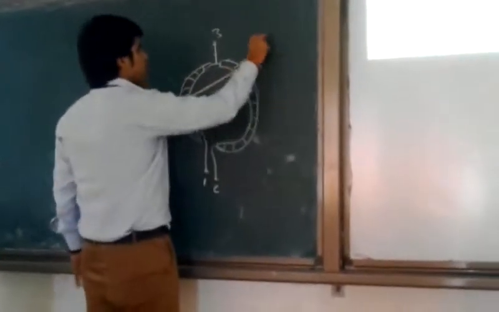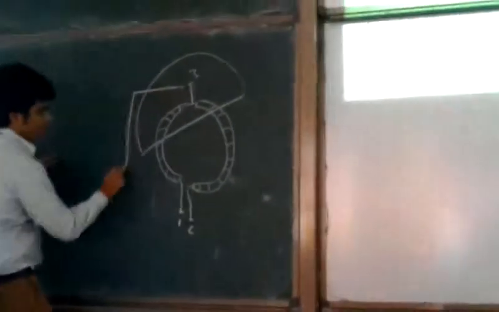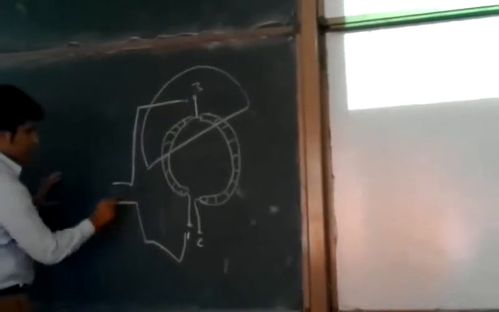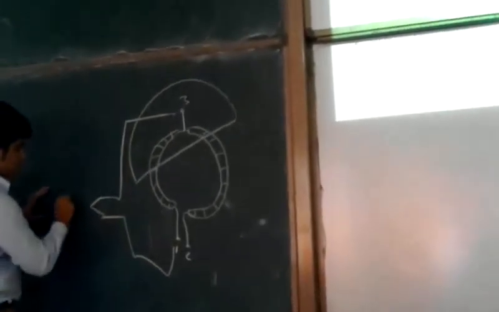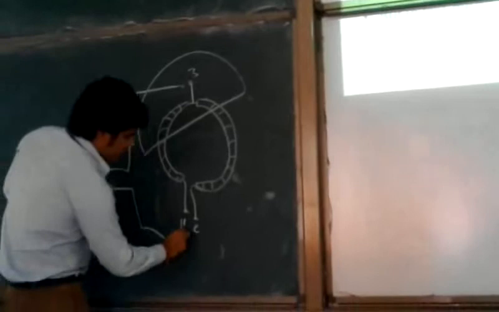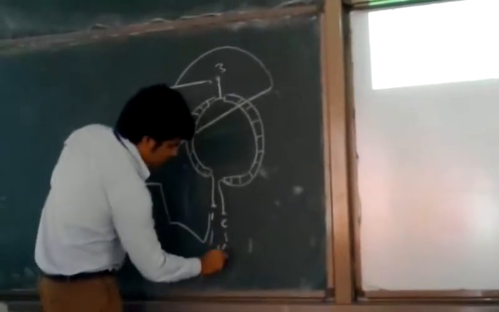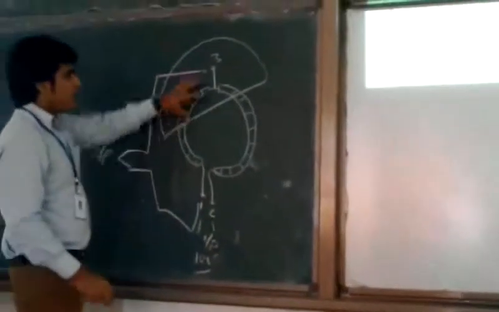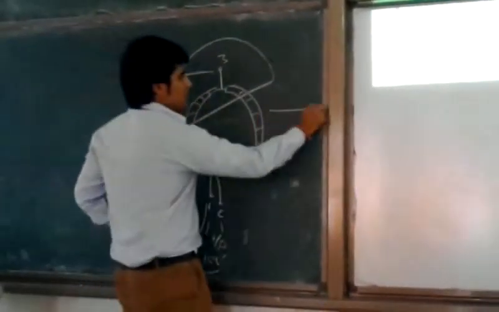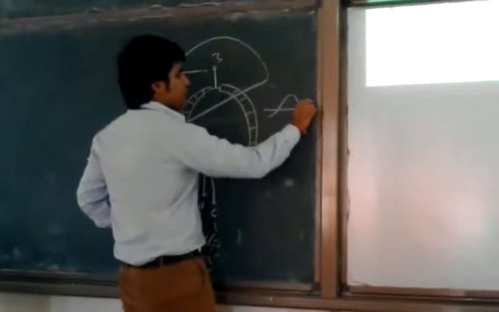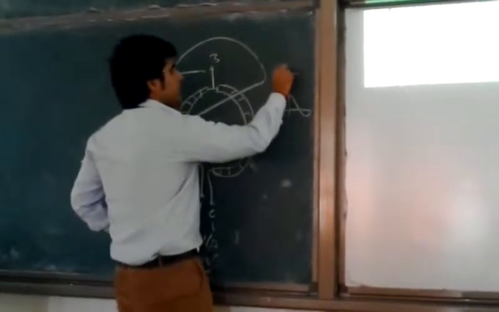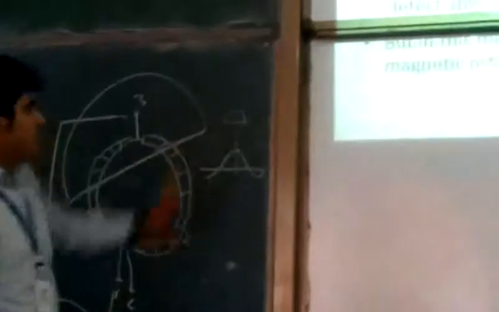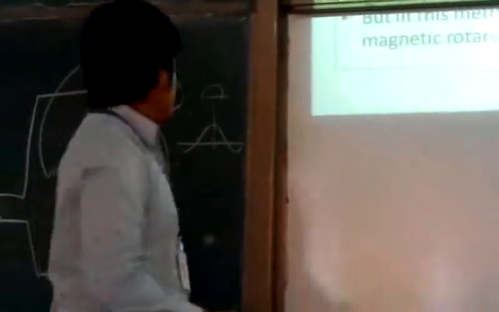And above it is a permanent magnet. So we take output from one end. This is the output, and we give input at 1 and 2. We use 10 volt. So when we rotate, a signal comes according to the position. Maximum is at this magnet position.